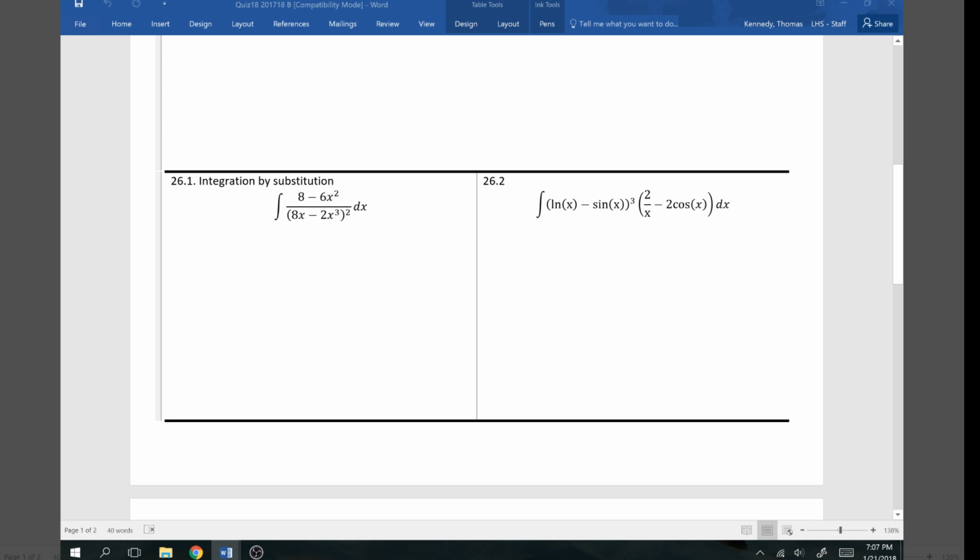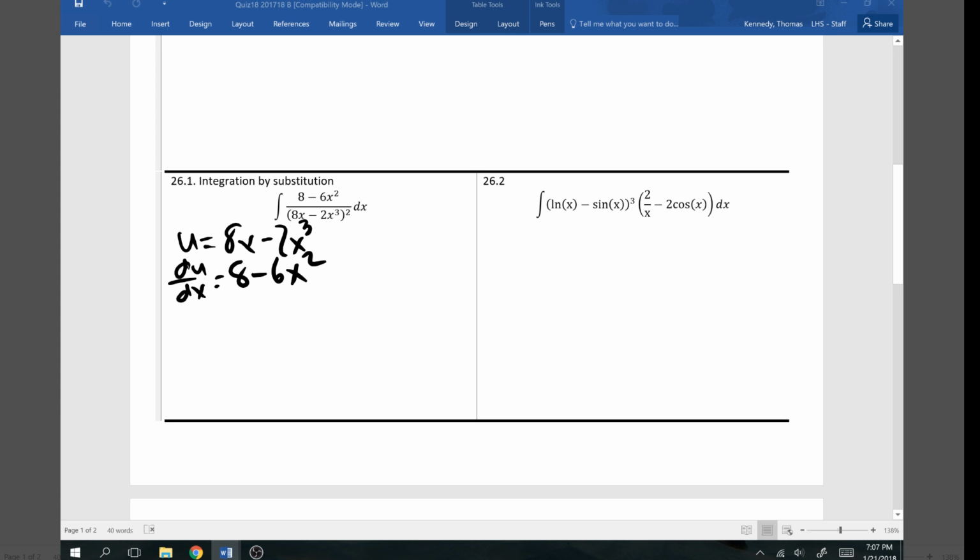In this version, making the bottom u was correct. u equals 8x minus 2x cubed. We take the derivative of this, and we get 8 minus 6x squared.